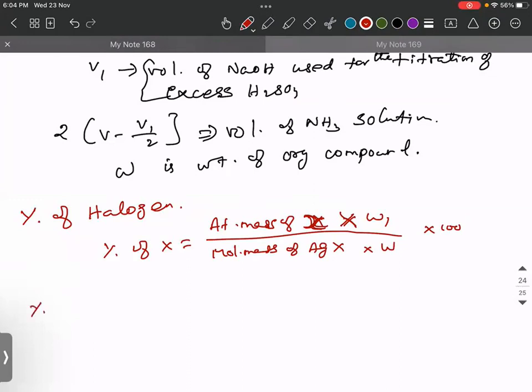So percentage of chlorine. What is the chlorine atomic weight? 35.5.